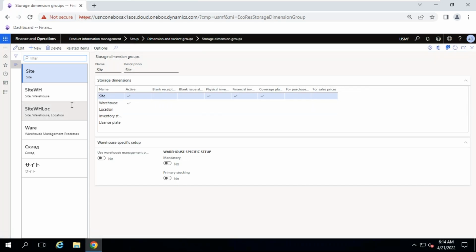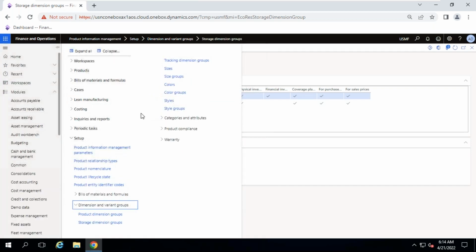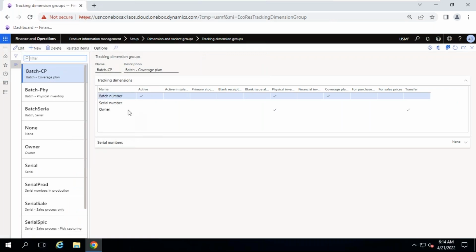In storage dimension group, as I told you, you will find only 5: site, warehouse, location, inventory status, license plate. 5. Okay. Next, tracking dimension groups: batch number, serial number, owner.